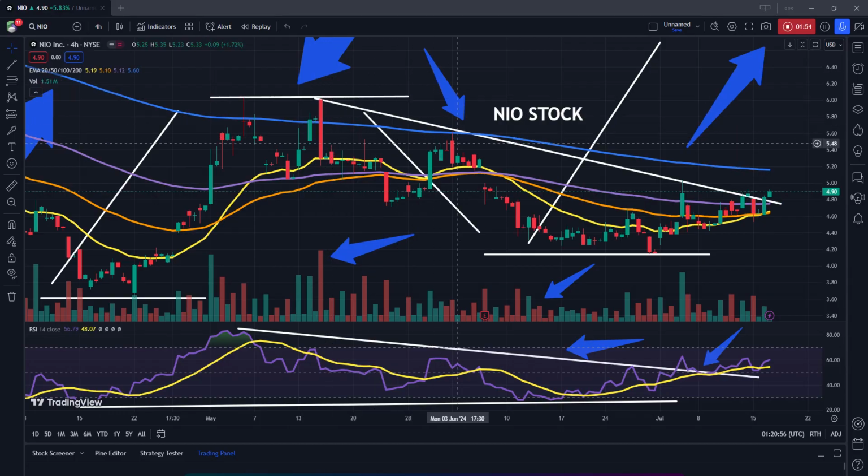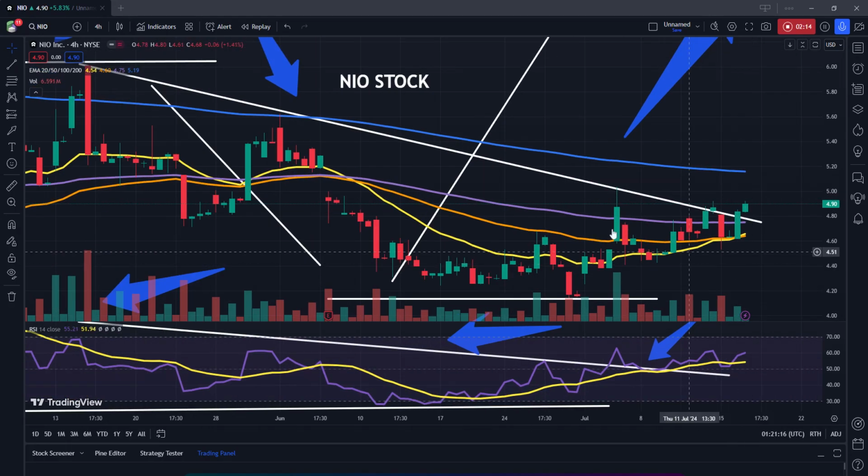And then we did start to see a series of lower highs and some higher lows as well. This formed a bit of a descending triangle pattern too, as there is a flat base here, a support zone that did develop. But then ultimately we broke this area to the top side.